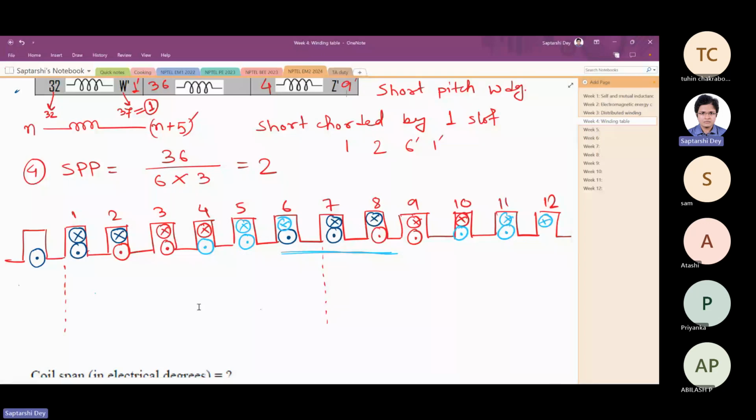Thing is, see, we have used 3 colors here to draw the windings. One is this one. Another one is this one for another phase, and the other one is this one for the third phase. Now it's up to you what you name them.